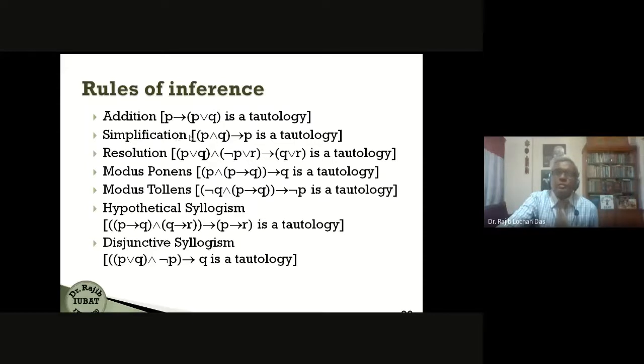To understand this, take an example: I eat pizza and I eat burger. So what is your decision? I eat pizza. Isn't it correct? Yes, it is always correct. If I say I eat burger, isn't it correct? Yes, it is correct. So I eat pizza and I eat burger, therefore I eat pizza.